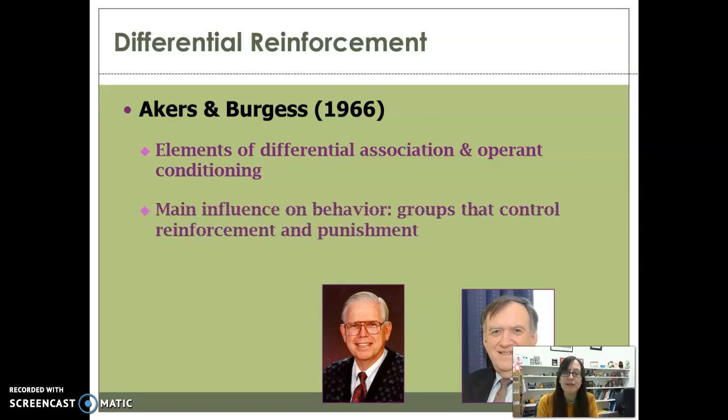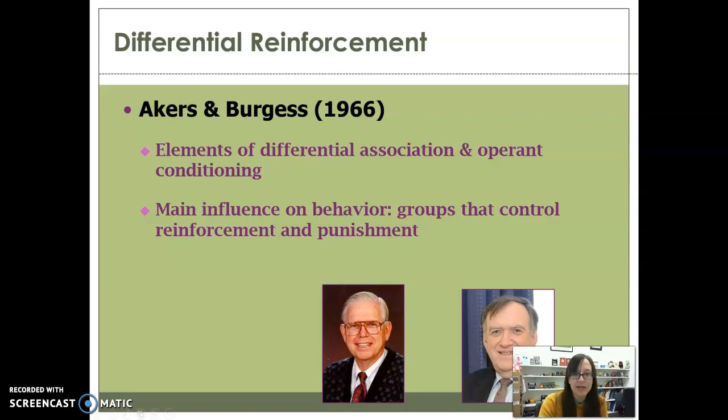Basically they proposed that people are first indoctrinated into deviant behavior through differential association with deviant peers. And so through differential reinforcement, they learn how to reap rewards and avoid punishment according to those people that they're actually spending time with and identifying with.